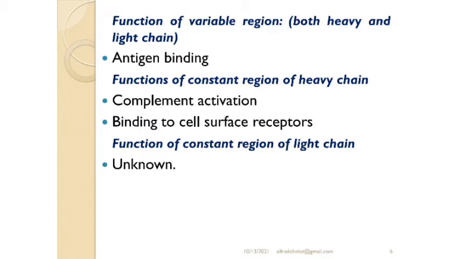Moving on to the functions of the constant regions. For the heavy chain, the constant region will participate in complement activation and also binding to cell surface receptors. Whereas the function of the constant region of the light chain is uncertain or unknown.